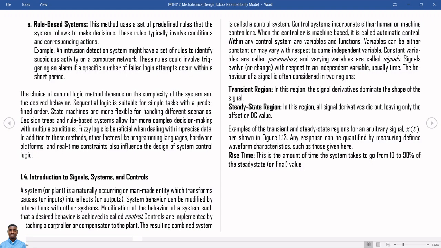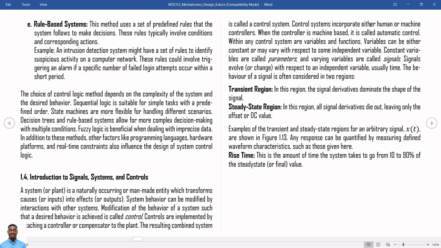We need to attach either a controller or a compensator to that system or to that plant for us to modify its behavior. And whenever we attach a controller or a compensator to a system or a plant, then that combination is referred to as a control system. Now, a control system incorporates either human or machine controllers.